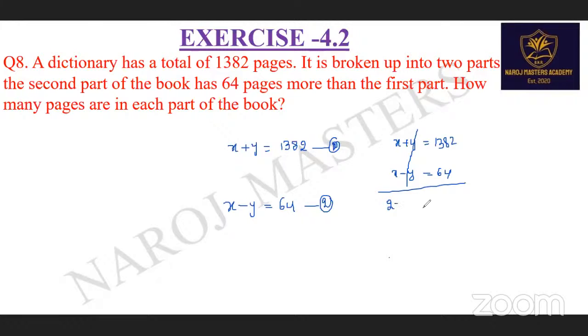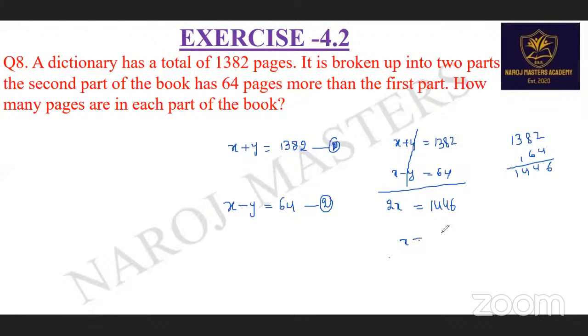So 2x is equal to 1382 plus 64, which is 1446.